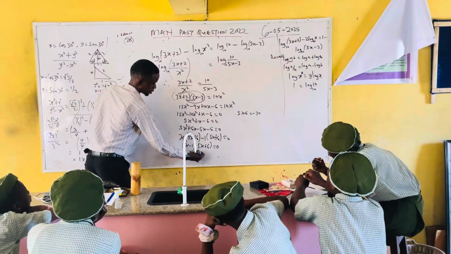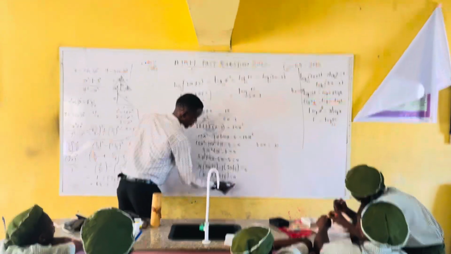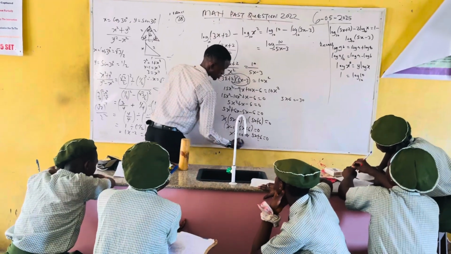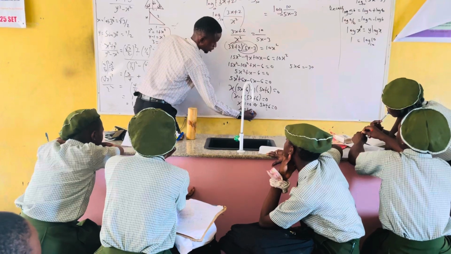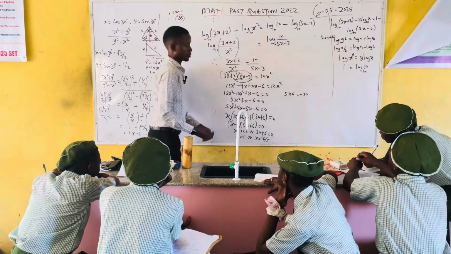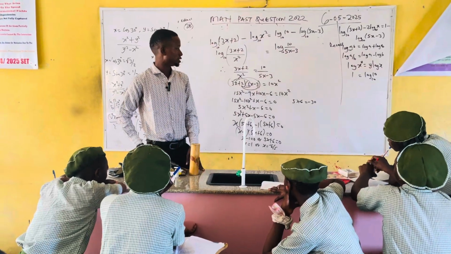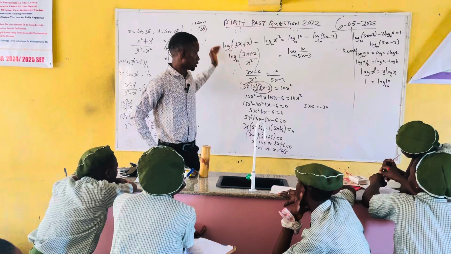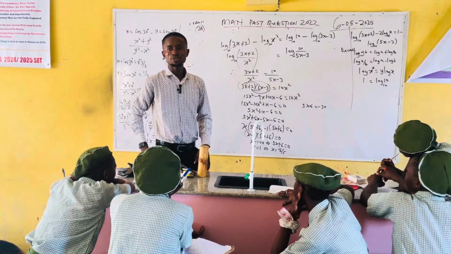So x minus 1 equals 0, or 5x plus 6 equals 0. So your answer here is x equals 1, or x equals minus 6 over 5. That will be the final answer. So you can see from logarithm to quadratic. That's what is solved in exam.